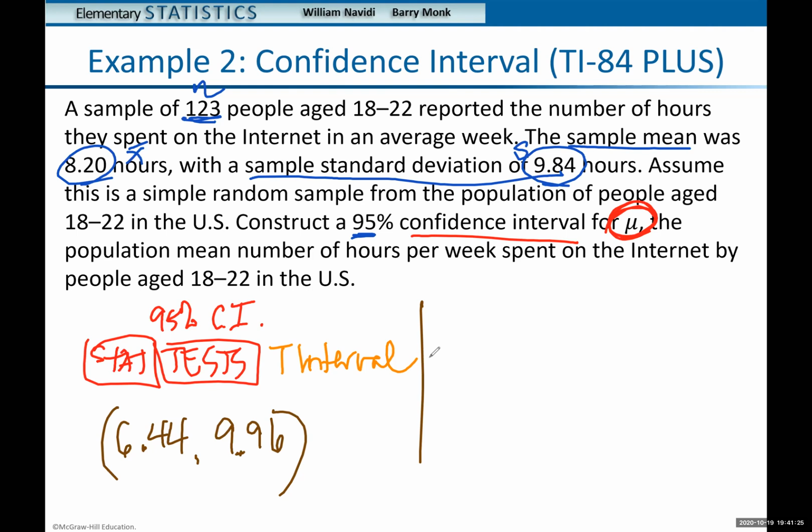How do you interpret this answer? We are 95% confident that the population mean number of hours per week spent on the internet by people aged 18 to 22 in the US is between 6.44 and 9.96. Yes, very good. Thank you.